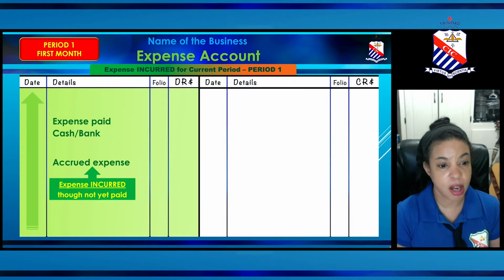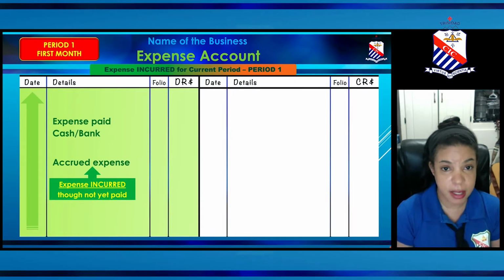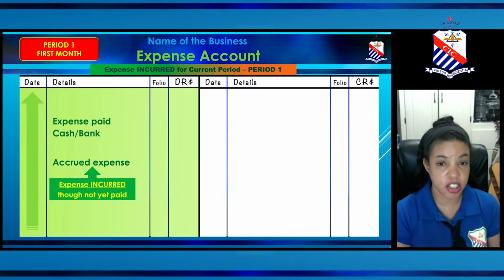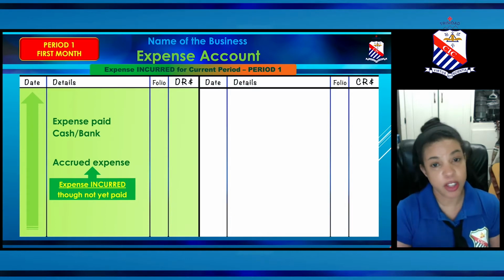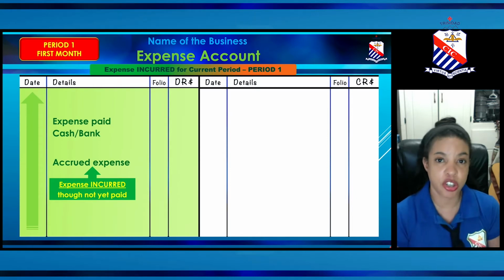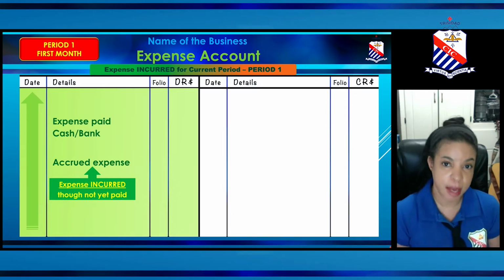Accrued expenses are expenses incurred but not yet paid. It is still included in the expense incurred for that particular period. So we are doing the expense incurred for this period. Even though it has not been paid, it is still owing. It has been incurred, and therefore it is considered an increase in the expense. So it has to be recorded on the debit side.